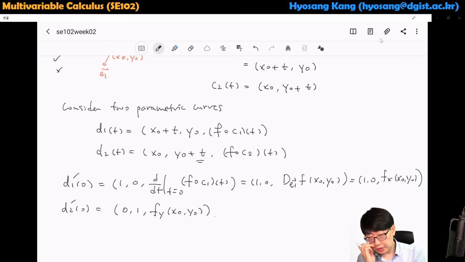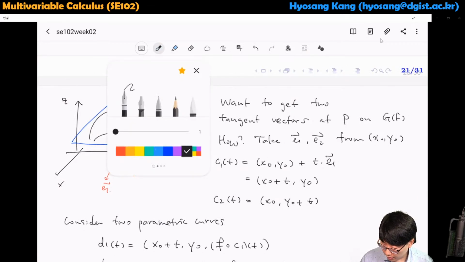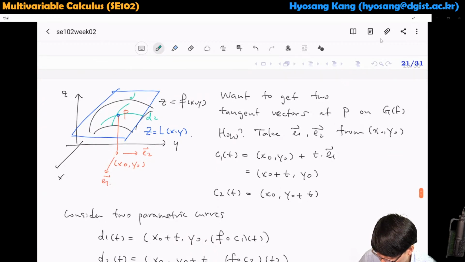So what do D1' and D2' indicate in our previous picture? Here are the parametric curves on the surface along E2 and E1. So this is D2 and D1, and C1, C2 are here.